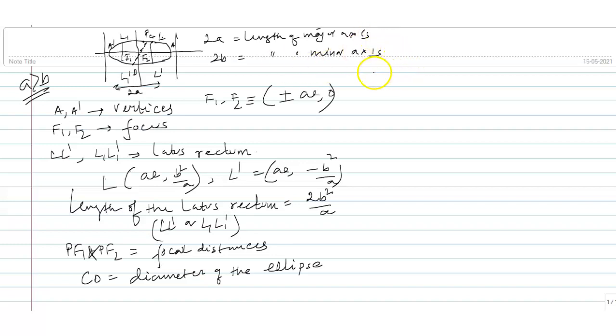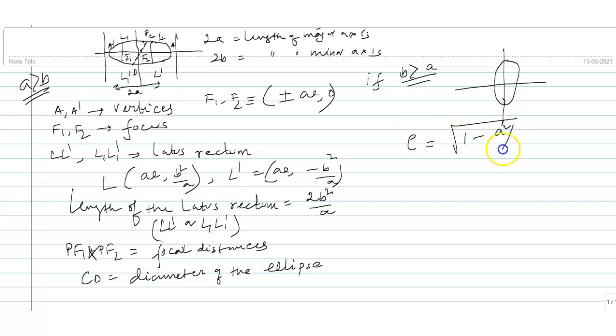So if the condition is opposite, that is b greater than a, the ellipse will be like this, where the eccentricity value will be 1 minus a square over b square, as a is less than b.